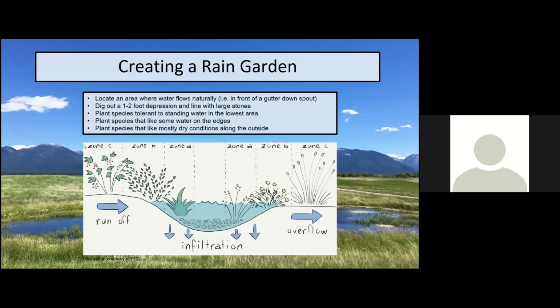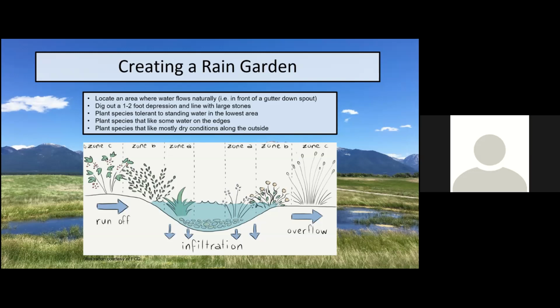So the idea is to dig out 1 to 2 feet and line it with large stones, and then you have these zones that are illustrated here with the water-loving plants in zone A. This would be things like sedges and rushes, skullcaps, and red osier dogwood.